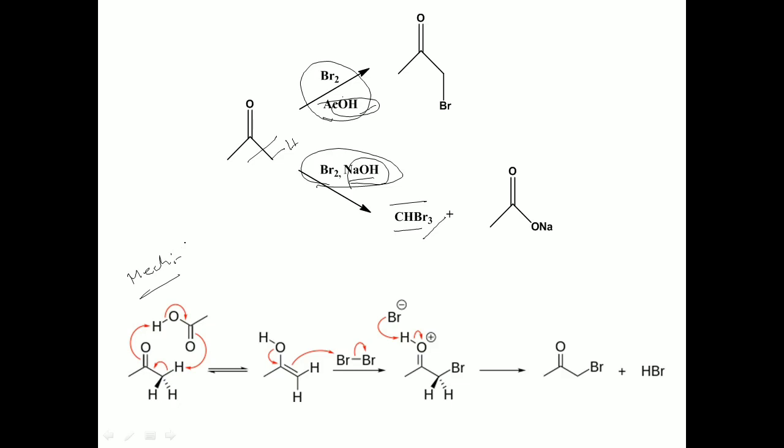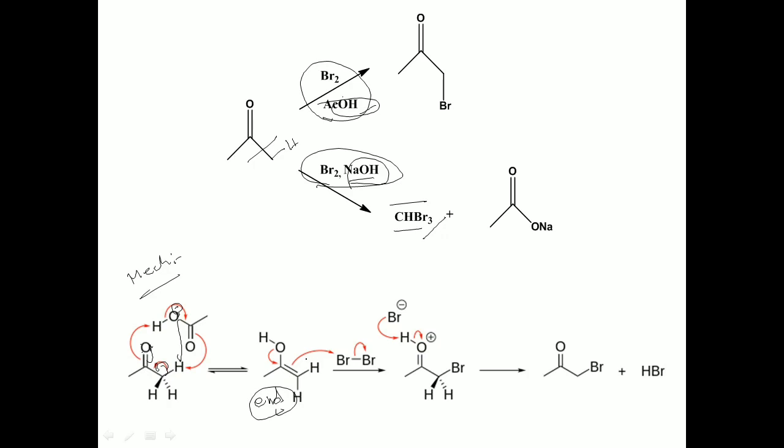First of all, protonation takes place on the carbonyl group, and then the acetic acid becomes acetate ion. This acetate ion removes the proton, so the electrons are transferred, and the O minus becomes OH. So totally we will get the enol.